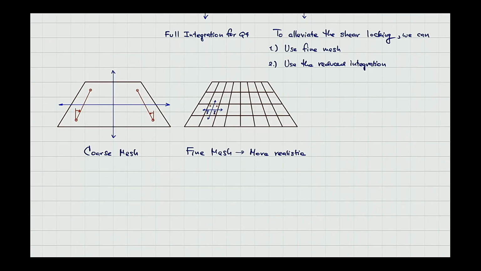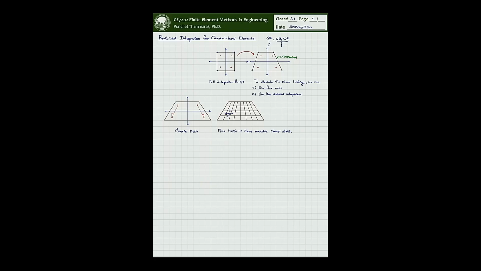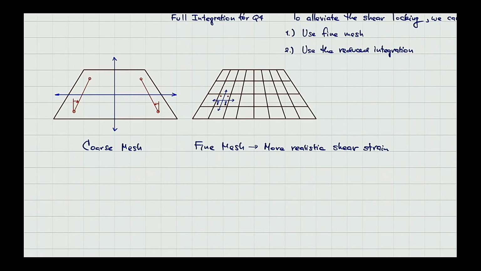More realistic shear strain, whereas in this case it exaggerates. I think exaggerate, we have 2G, right? Exaggerate shear deformation or shear strain.